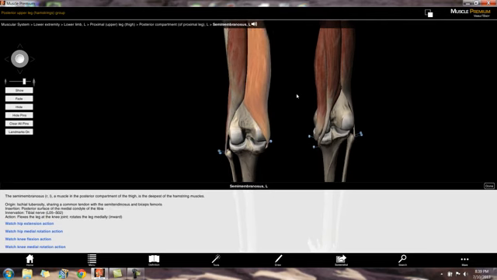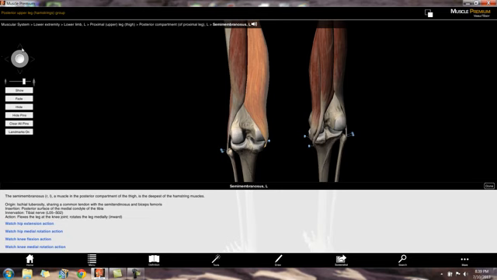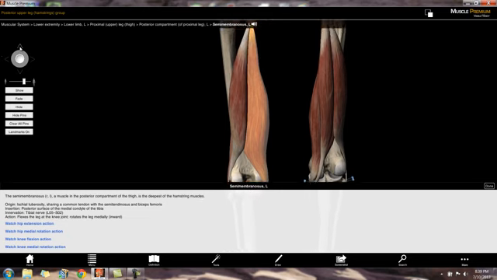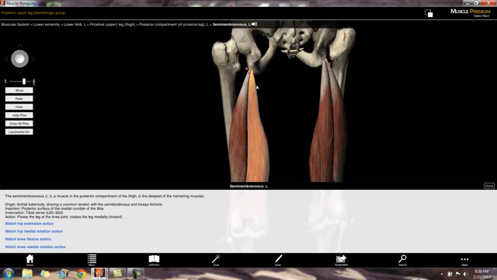And then the last hamstring is the semimembranosus, a much wider, broader shaped muscle, again from the ischial tuberosity, and it courses down and inserts in the posterior surface of the medial condyle of the tibia.